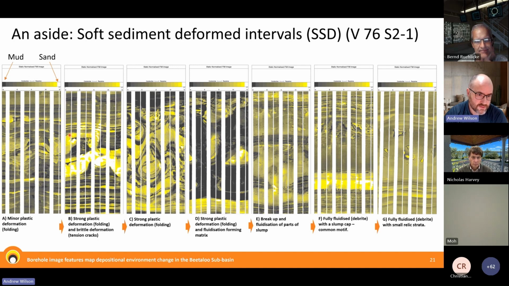You see these tension cracks around the edge of this fold here, and this has been snapped off here, to folded, and then we start to lose the coherency of the material, and it splits into a debrite where we've got floating parts of less deformed material, and then it seems to form this slump cap, and then it almost becomes just a homogeneous medium. But this area is beautiful for all these different types of features, and I just had to show that.